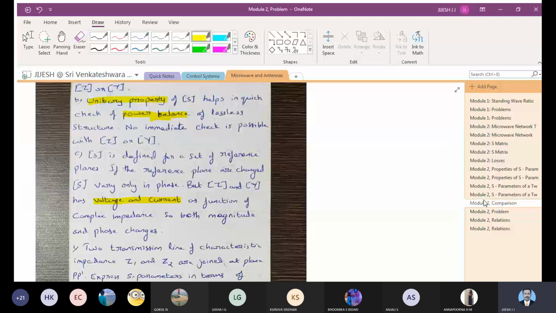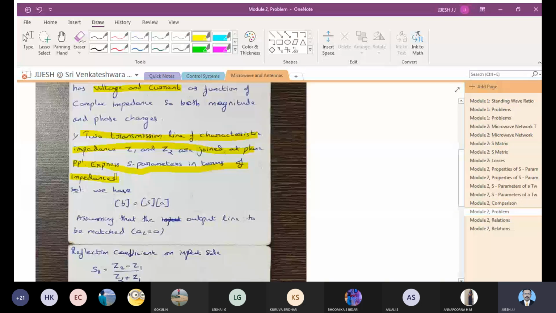The problem states that two transmission lines of characteristic impedance Z1 and Z2 are joined at plane PP dash; express S parameters in terms of impedance. So what you have to do is find S11, S12, S21, and S22.